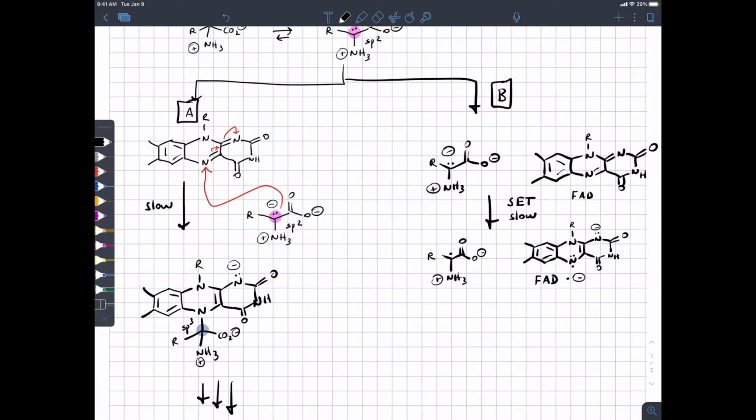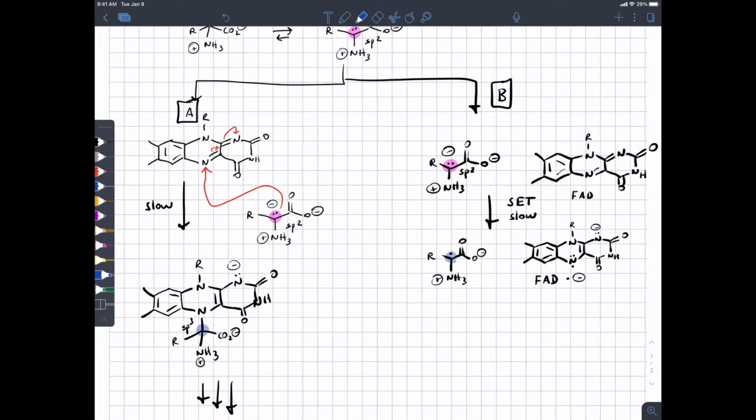So notice in pathway A, there's a hybridization change in the slow step from sp2 to sp3, whereas in the single electron transfer step, before the reaction, you're roughly sp2 hybridized, and after the reaction, what do you think the hybridization is of that radical?